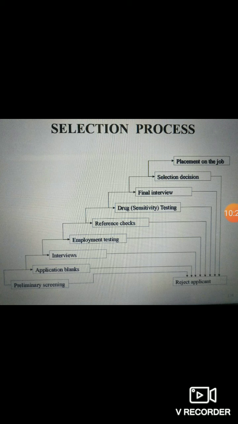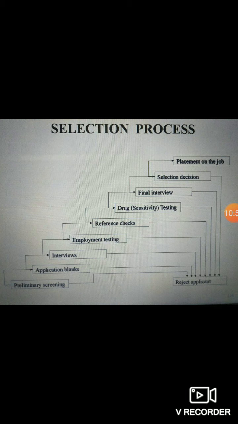So in those profiles we will necessarily have to go for reference checks. In the reference check also the HR can come across some suspicious aspects of the employee's personality, social relationships, all those things. So in that context also there are possibilities for rejection of applications. 5 to 10% get rejected here.